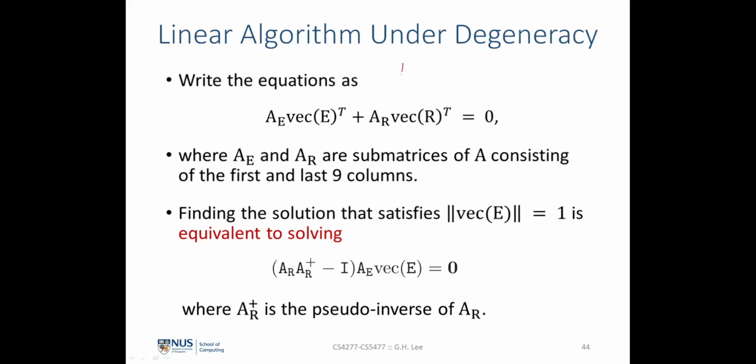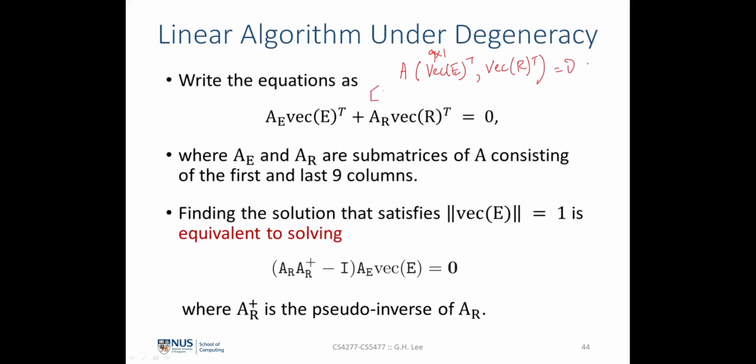So we can rewrite the generalized epipolar constraint into this particular form, where we have A multiplied by a vector, which consists of the vector of E, the first 9 by 1 entries of the 18 by 1 vector, and the second part of this vector, the vector of R, equals 0. So we can split A into two parts.